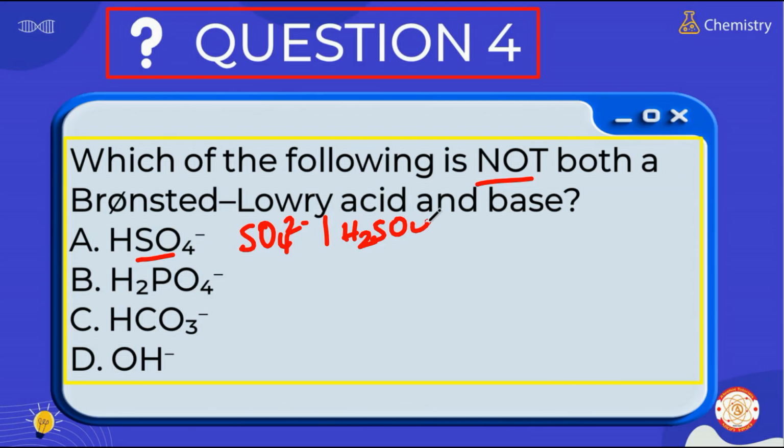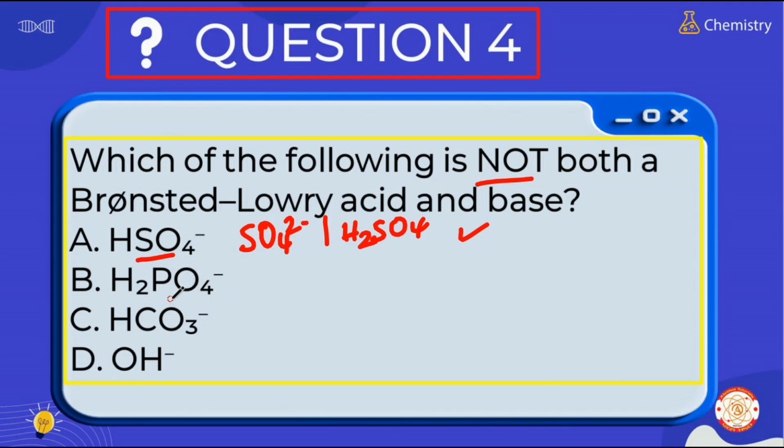Sulfuric acid. So choice A is correct. I mean, when I say correct, it means it acts as a Bronsted acid as well as a Bronsted base. So remember, the question says, which of these substances is not both a Bronsted acid and a Bronsted base?